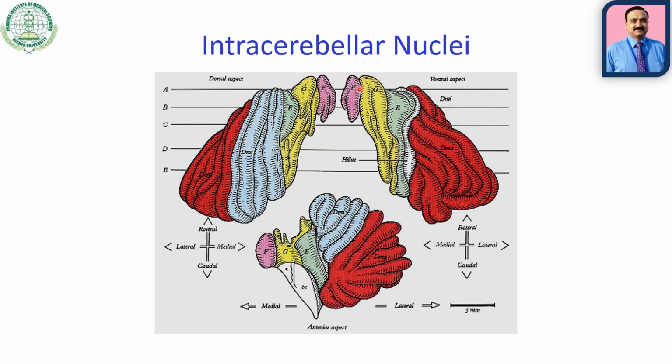The third nucleus is globosus and the fourth one is fastigial. The globosus and emboliformis together are called as nucleus interpositus. The dentate nucleus is nucleus of neocerebellum. These two interpositus nuclei are nuclei of paleocerebellum, and the medialmost nucleus fastigi is nucleus of archicerebellum.